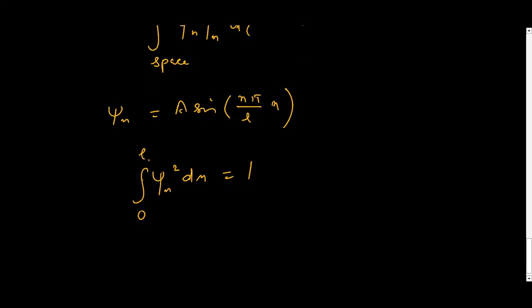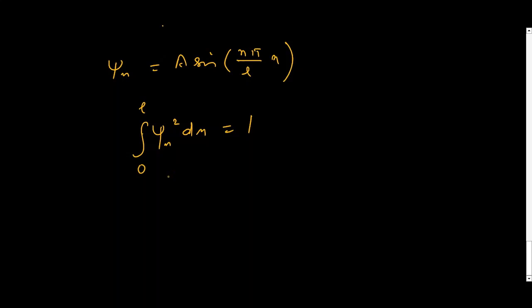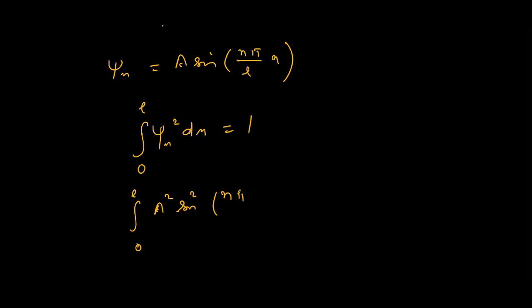Since the length of box is L, we will take integral 0 to L. Now we will put the value of xi n: a square sine square n pi upon L into x dx is equal to 1.